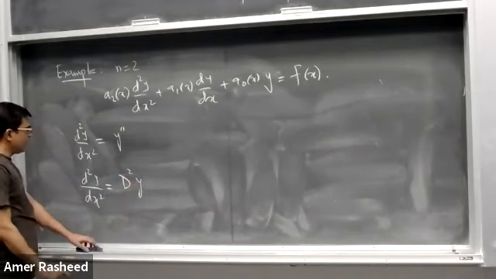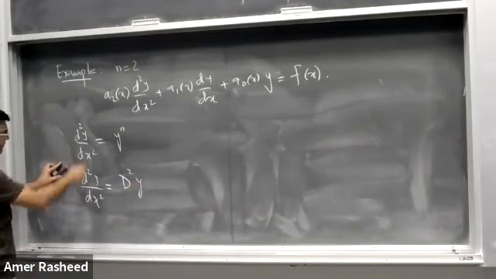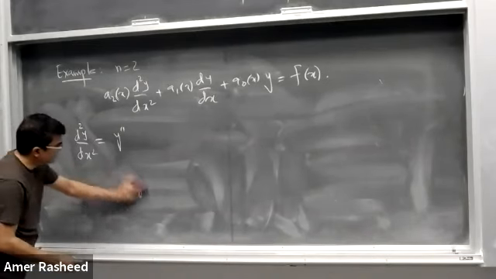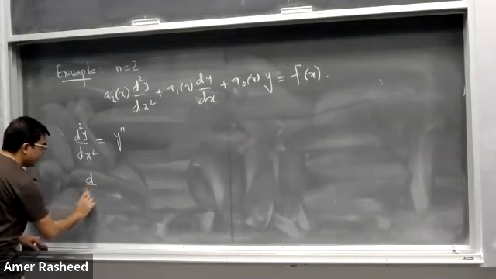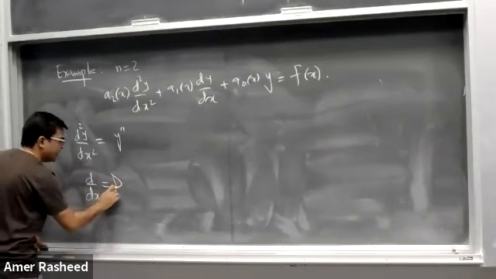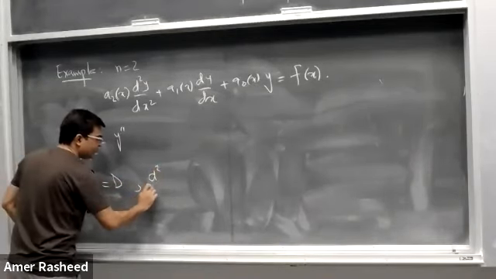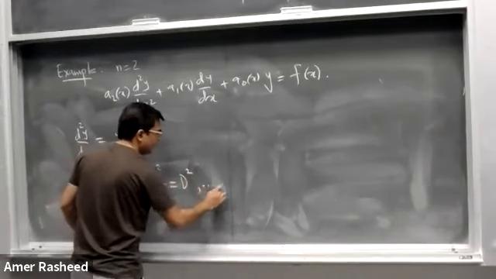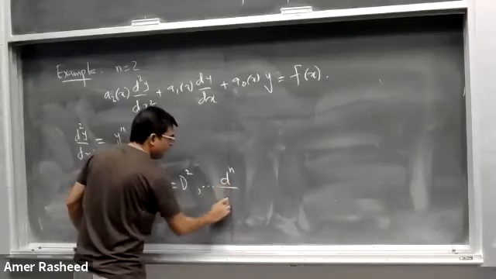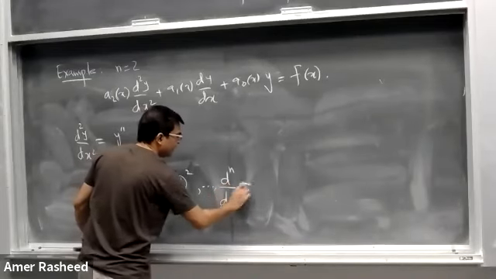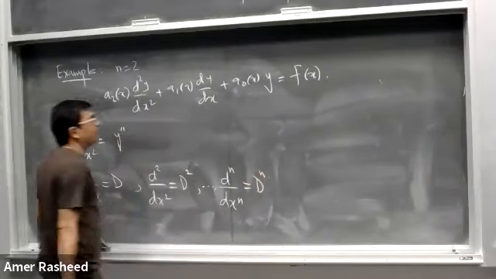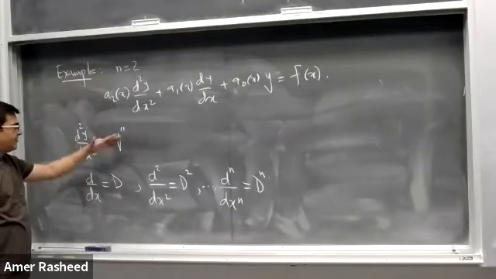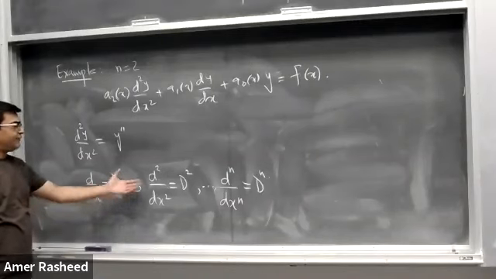In fact, if we assume d by dx as D, and d square by dx square as D square, and so on, dn by dxn as D power n, then that differential equation can be written in the simplified notation in terms of D.